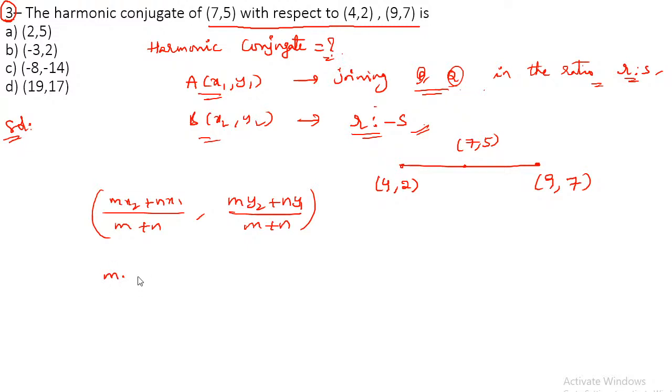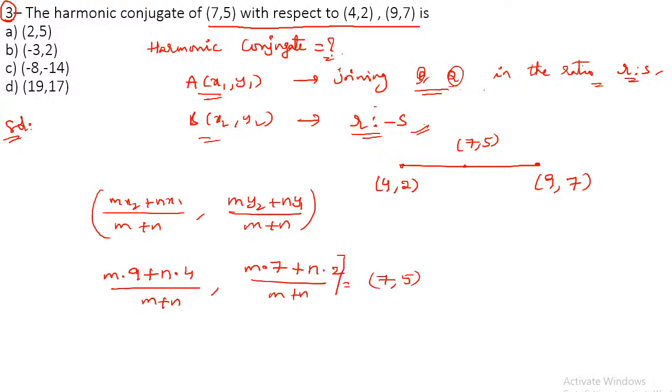We need to find this ratio m and n. So x2 is 9, x1 is 4, y2 is 7, y1 is 2: (9m plus 4n) by (m plus n) comma (7m plus 2n) by (m plus n) is equal to 7 comma 5.